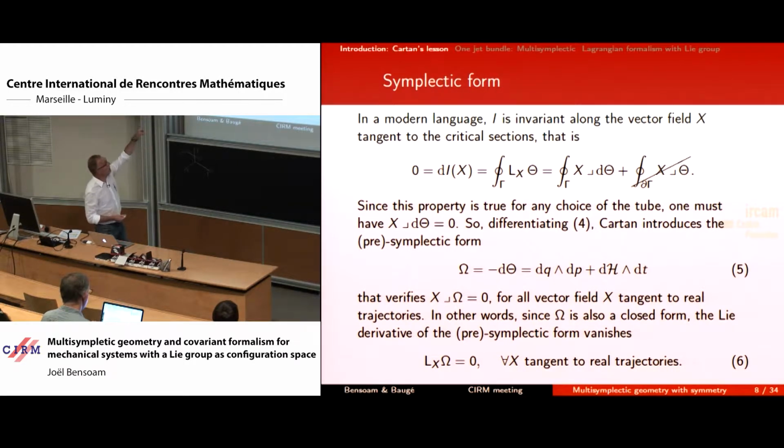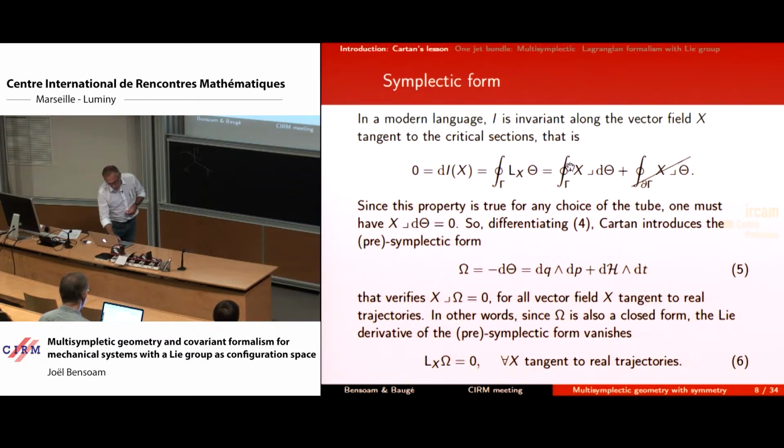X is the vector along the trajectories. If the curve is a closed curve, then this term is 0.